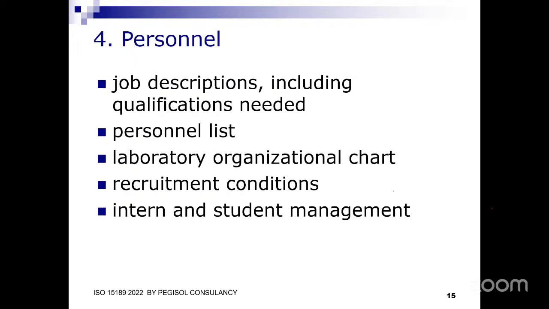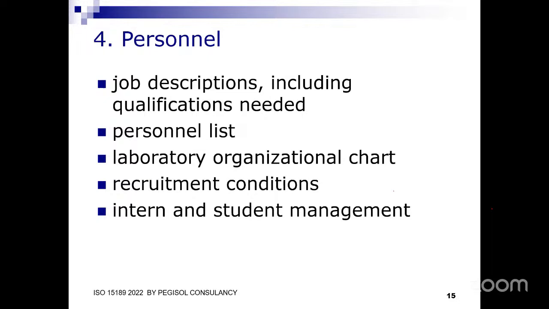Number 4 talks about personnel. In your quality manual, there should be your job descriptions, including the qualification needed for each role. They have to be stated in the quality manual. You see that the quality manual is a robust document that captures every aspect of the quality practice of the organization. The personnel list, if possible, should not be listed by name.